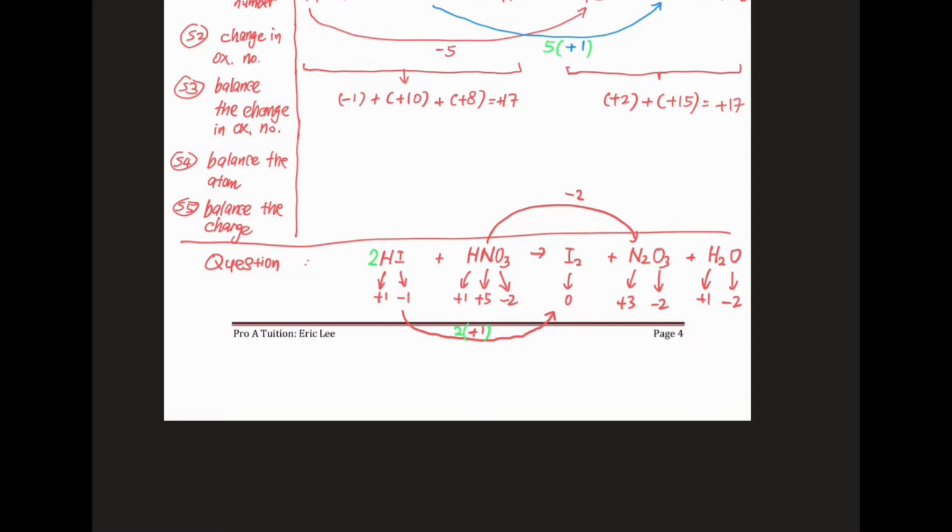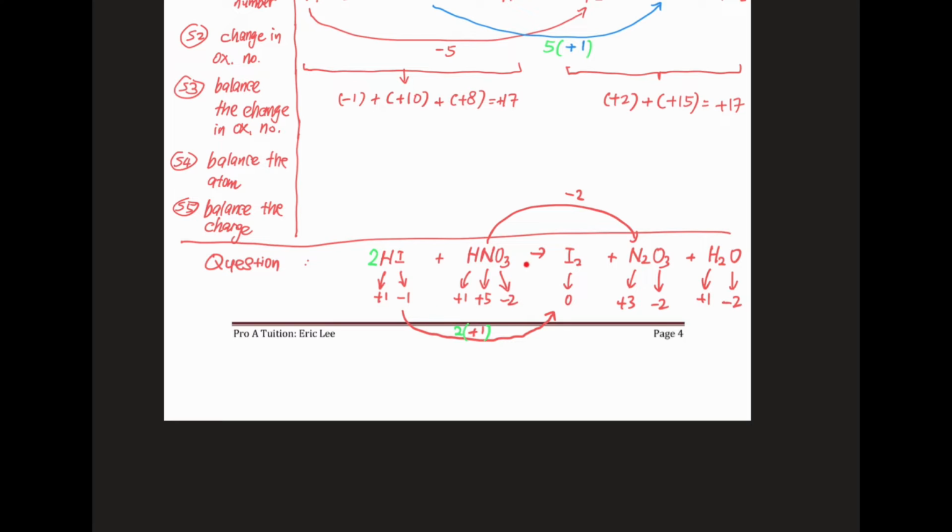But this one no need, because you already have 2 iodine here. I2 is 2 iodine. So it is already fine, 2 iodine here, and then 2 iodine here. So that fulfills the times 2 over here.